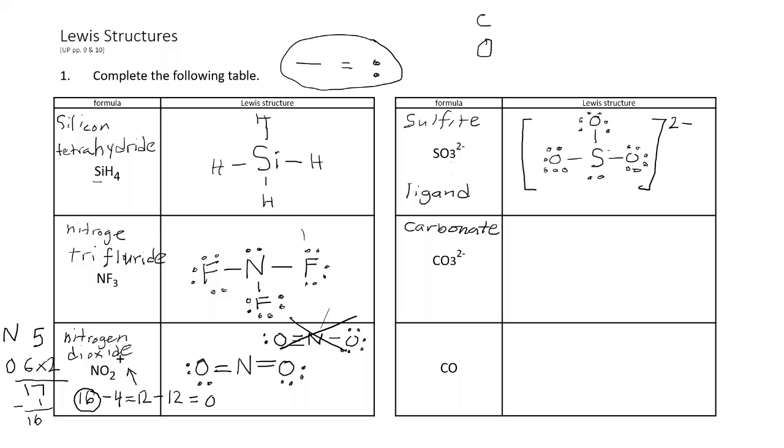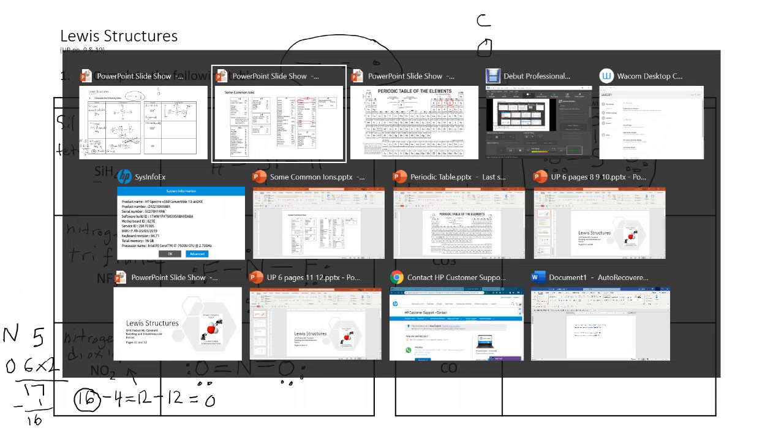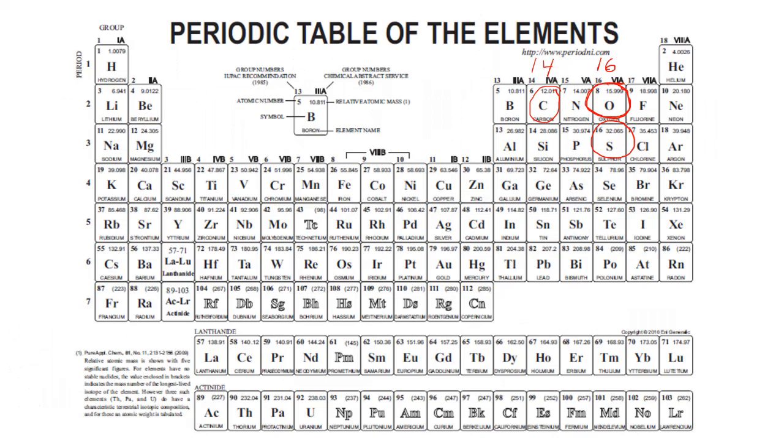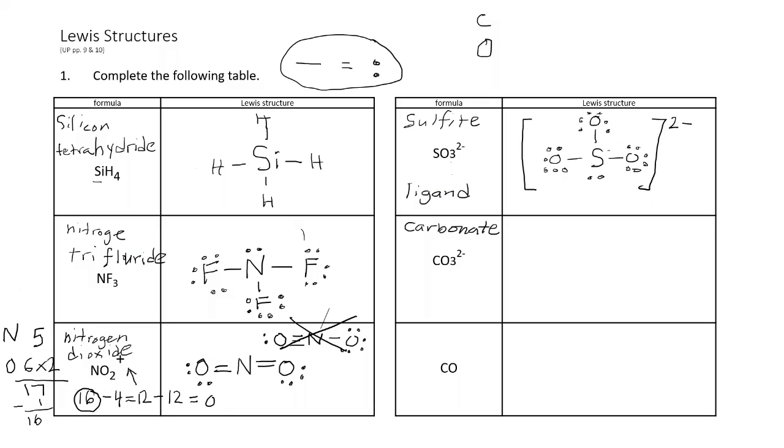How many valence electrons does carbon have? I forgot. So I have to go to the periodic table. Here it is right here, carbon. It has 14 as a column number. 14 minus 10 is 4. So carbon has 4. Oxygen, as you recall, has 6, but we have to multiply by 3 because there's 3 of them in there. 6 times 3 is 18, plus 4 is 22 valence electrons.